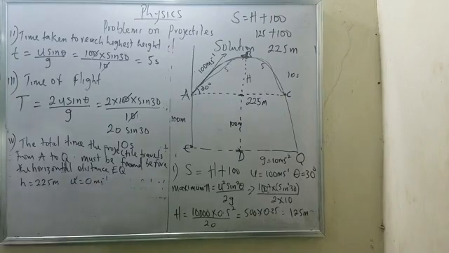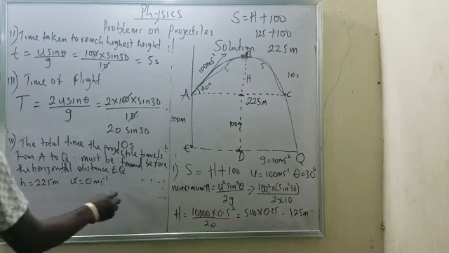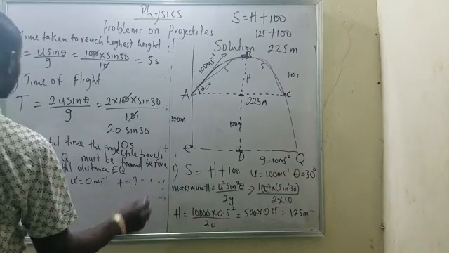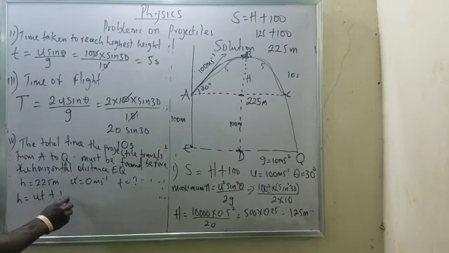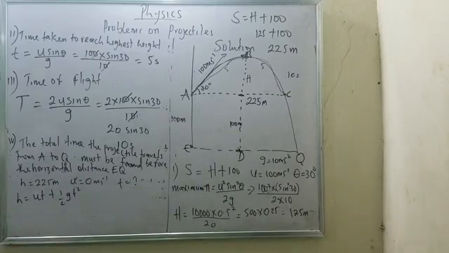The time is unknown. Since the time is unknown, I can say h equals ut plus 1 over 2 gt squared. Please take note of that.